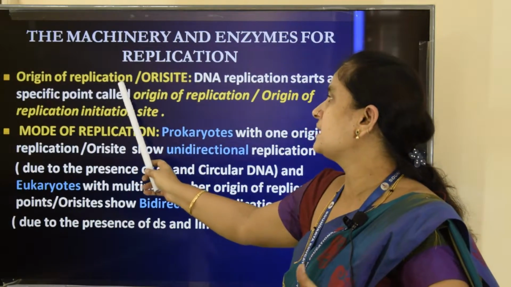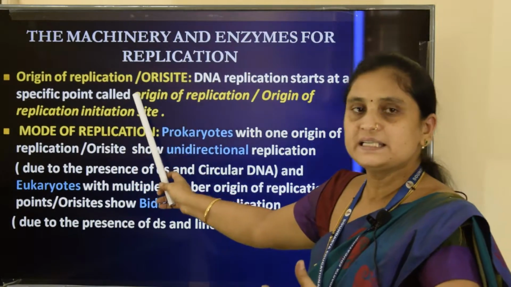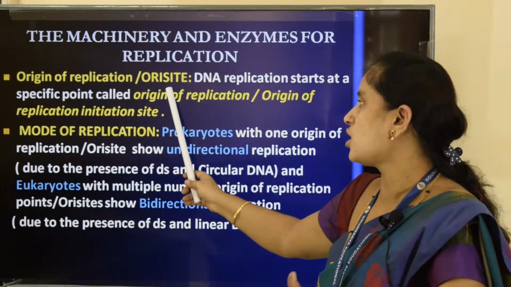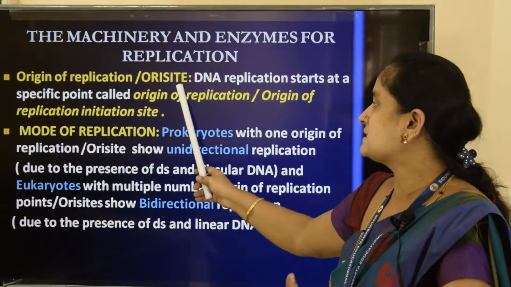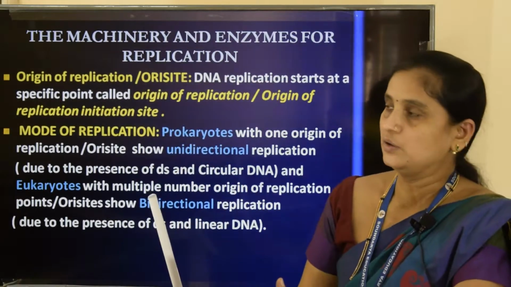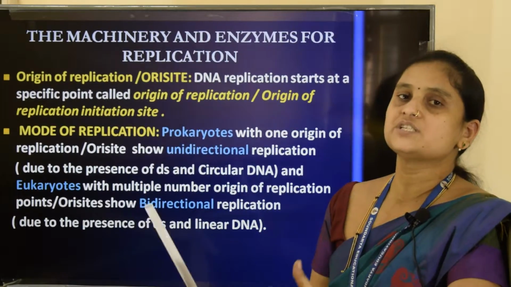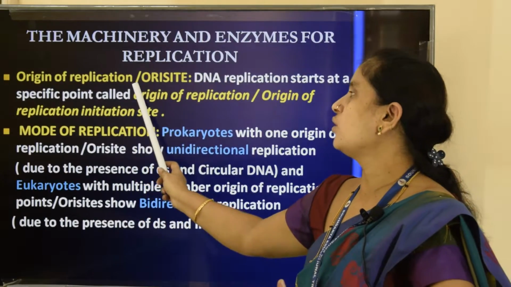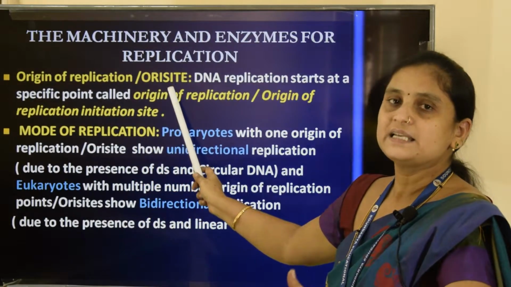First, for DNA replication to begin, the DNA requires an origin of replication. It is also known shortly as the ORI site. ORI site stands for origin of replication initiation site. The DNA which is undergoing replication must have this origin of replication initiation site.